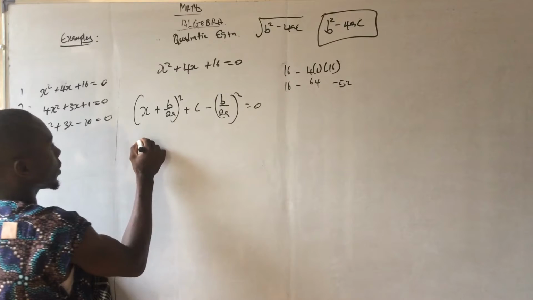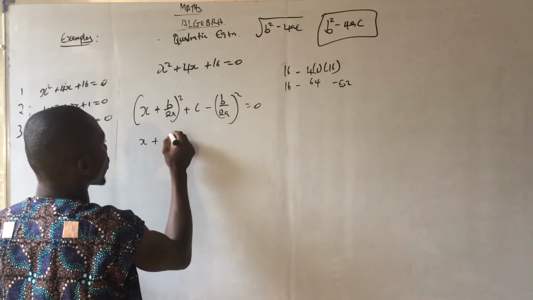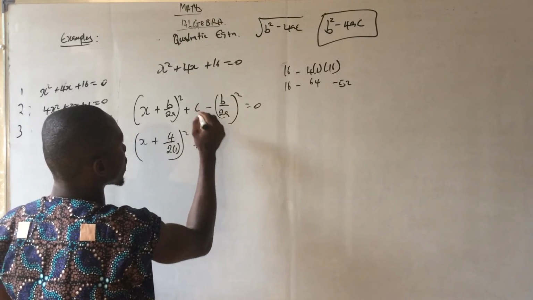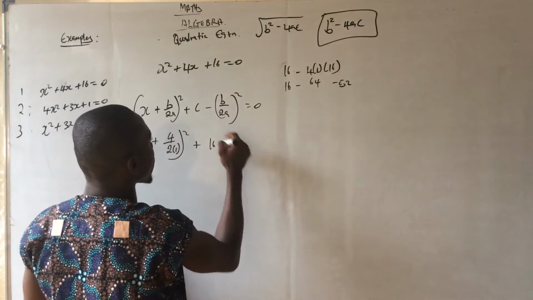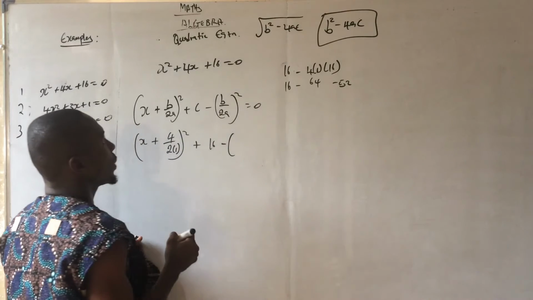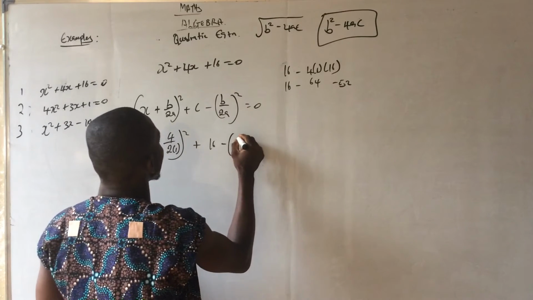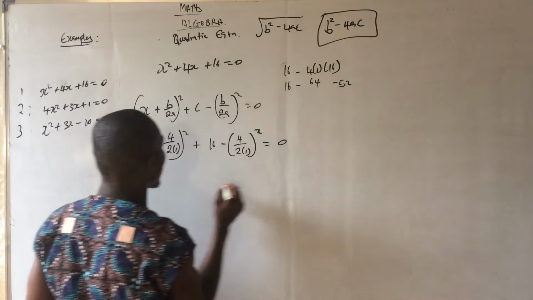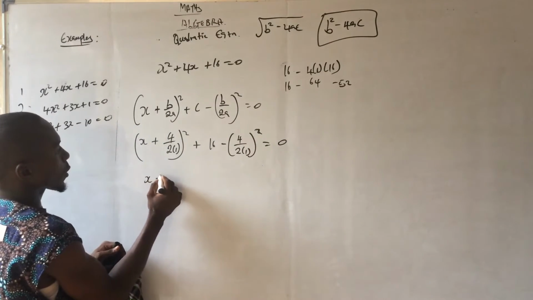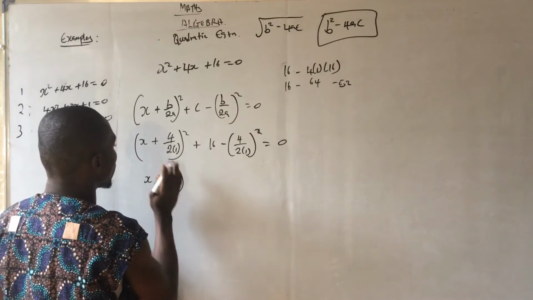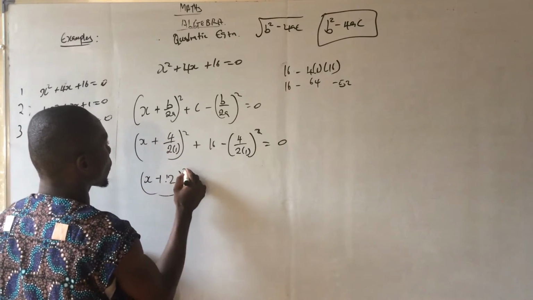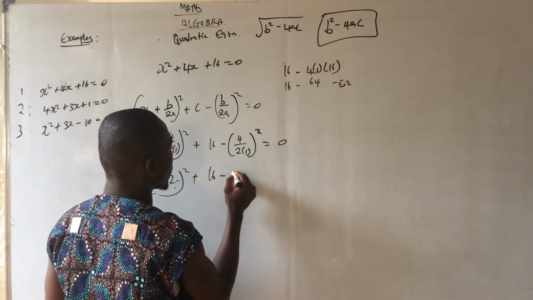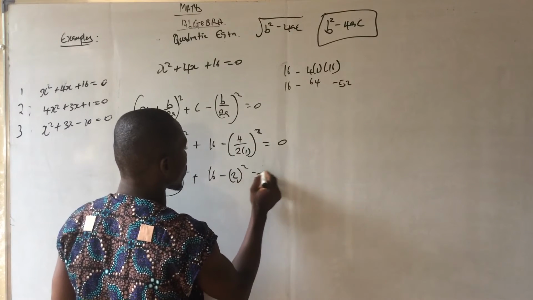We now see x plus 4 over 2, which is 2, raised to the power 2 plus our c, 16, minus 2 raised to the power 2 is equal to 0.